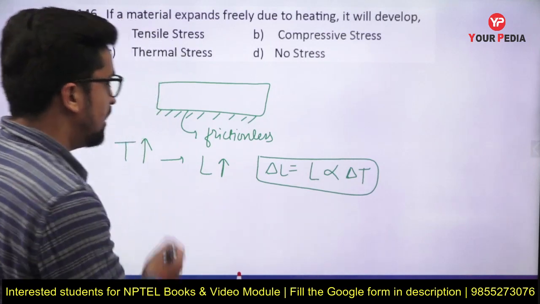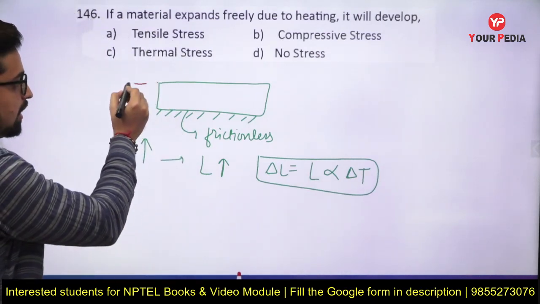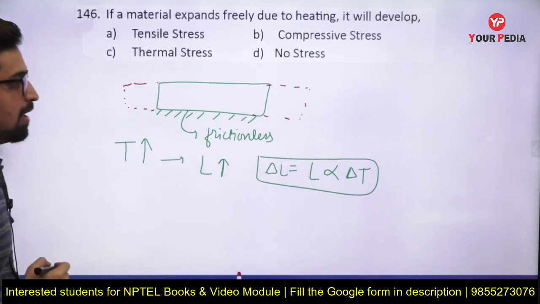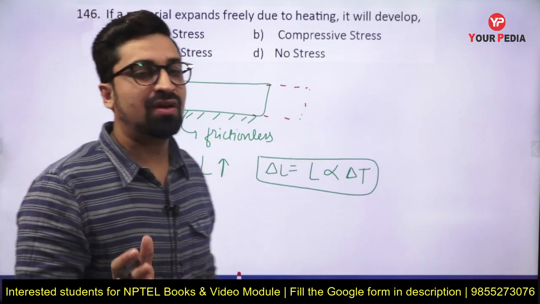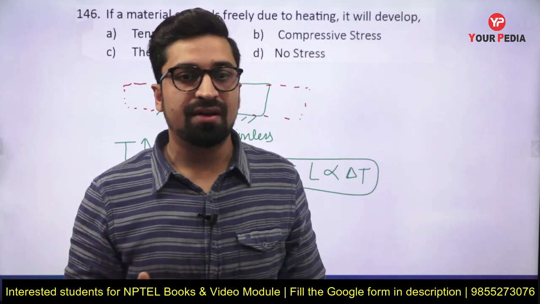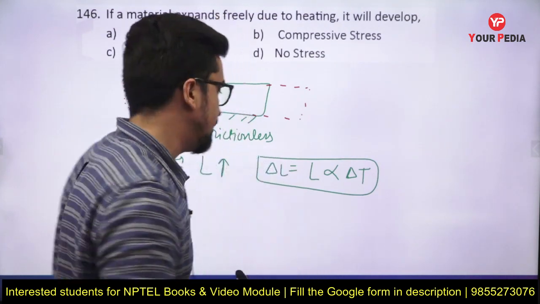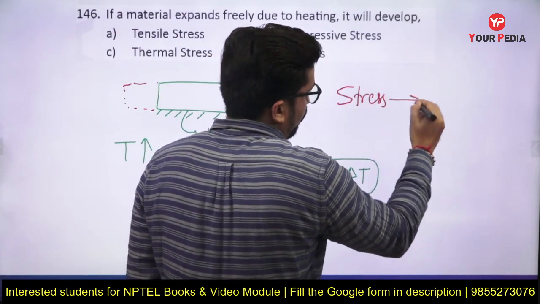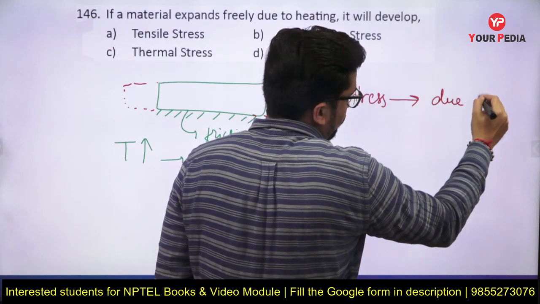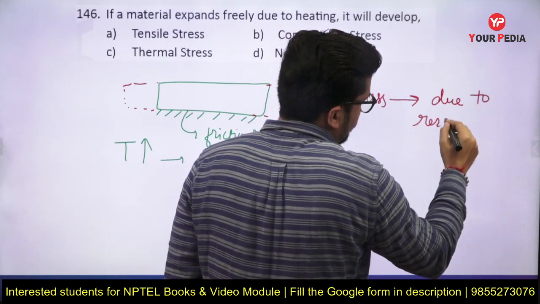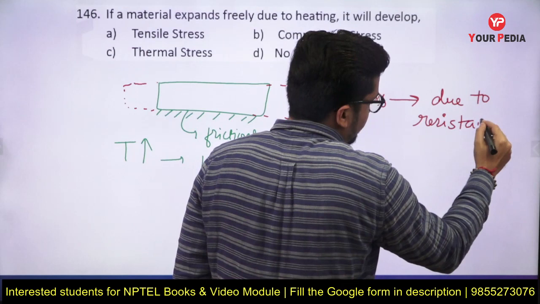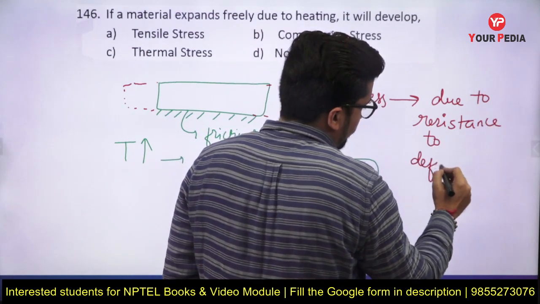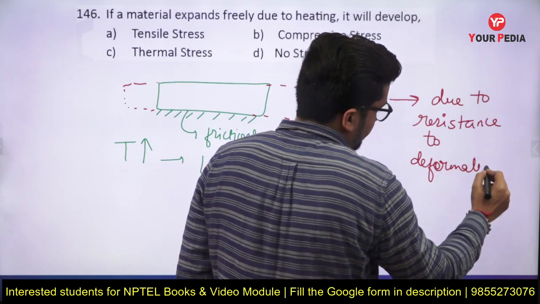But if this material is free, then it can expand in both directions, and there will not be any stresses. Basically, stress will develop whenever there is resistance to the deformation. Always remember that stress will be only due to resistance to deformation. Whatever that resistance to deformation is, that will be equal to the stresses developed in that bar.